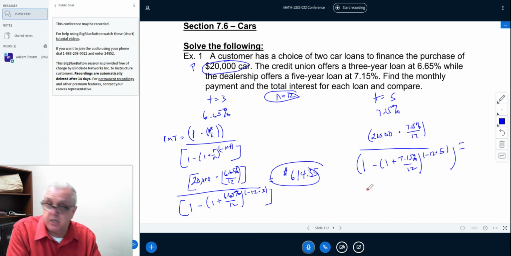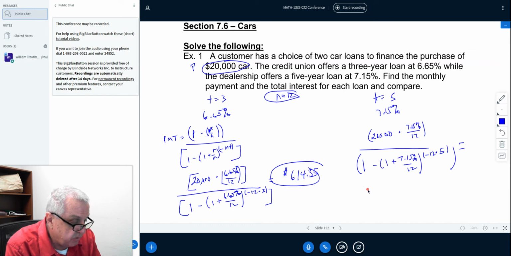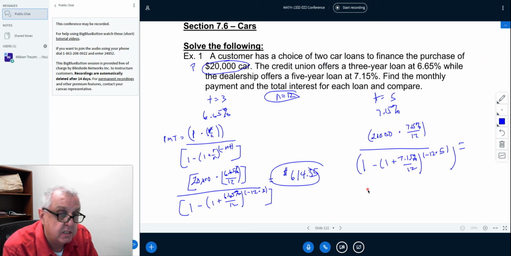Here on this one, I'm going to try this one now. First I have to type in a fraction, 20,000 times 7.15%. Should have done all these ahead of time. Divided by 12. Take it to the bottom.